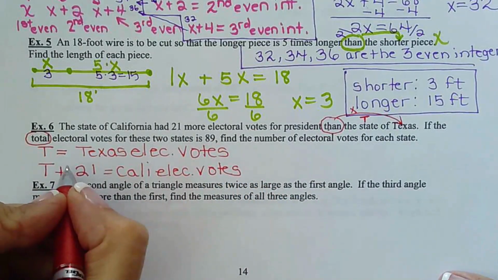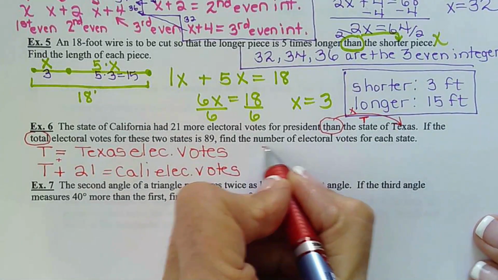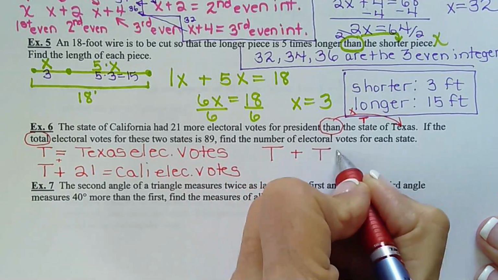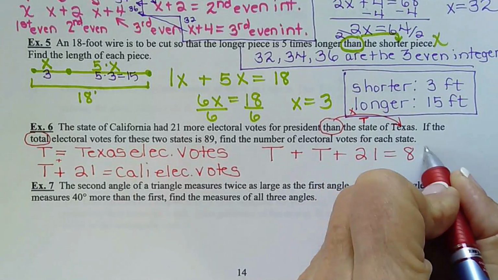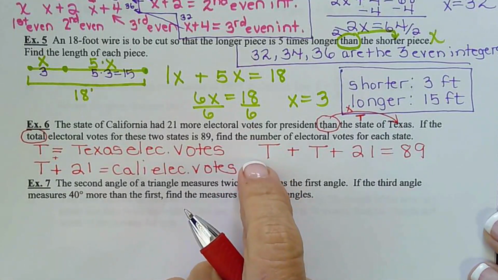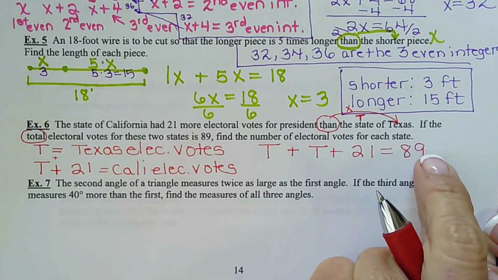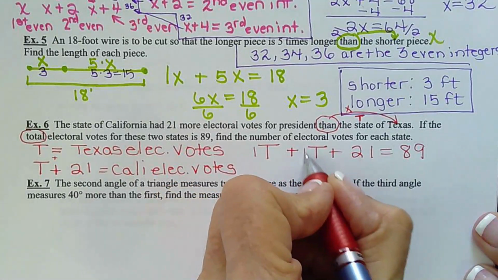So total means I need to add these two. So Texas's votes plus California's votes equal 89. So total always tells me to add the number of votes in Texas plus the number of votes in California, equal a total of 89. And then we just solve away.